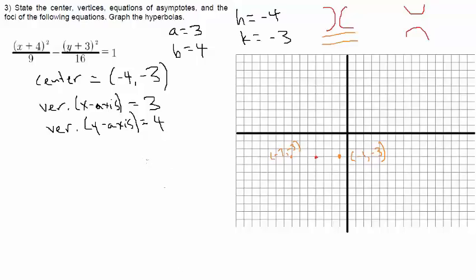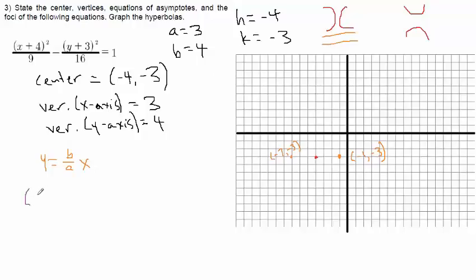The equations of the asymptotes would normally be y equals b over a x. Now, of course, because the center is different, you have to adjust for that.